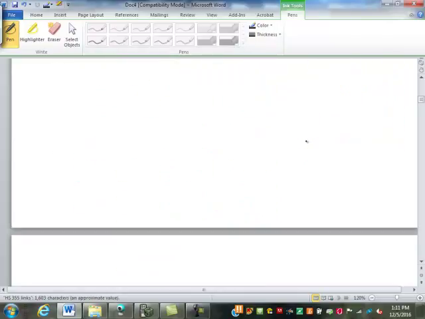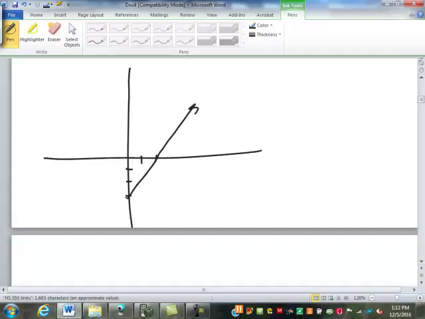How about this one? I asked you to find the equation of this line. The equation contains two things. One's the starting point, this thing here that's added or subtracted to the x.